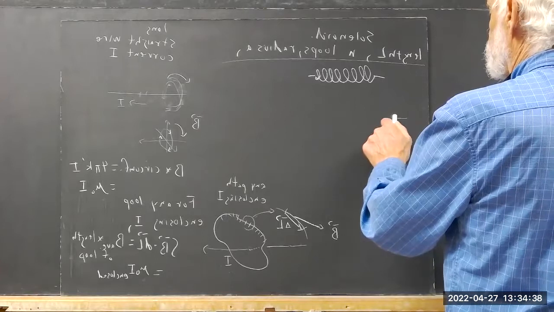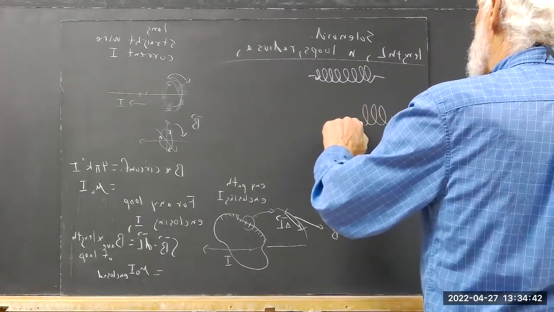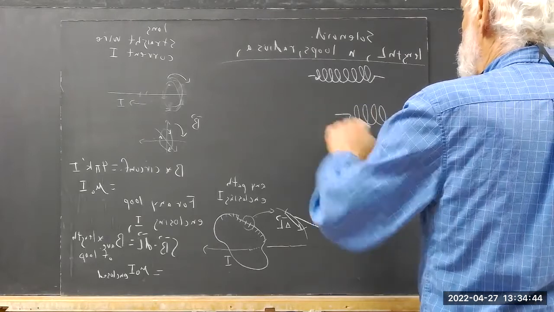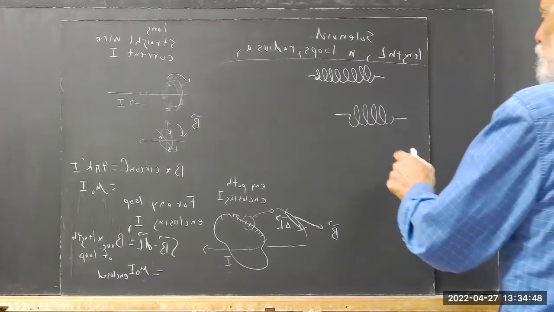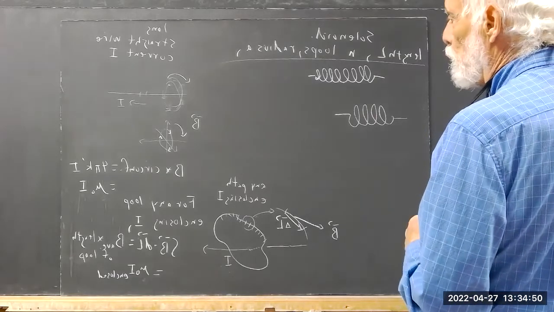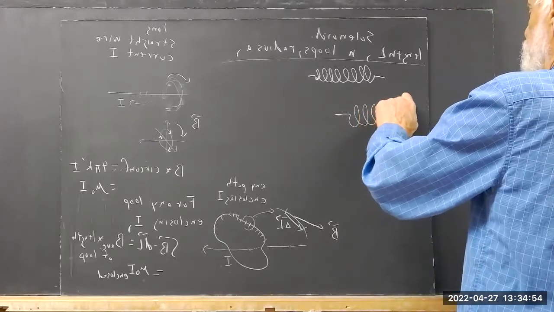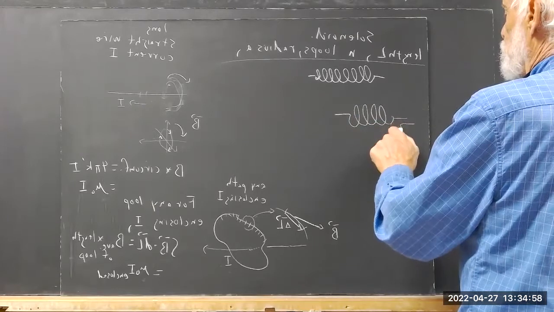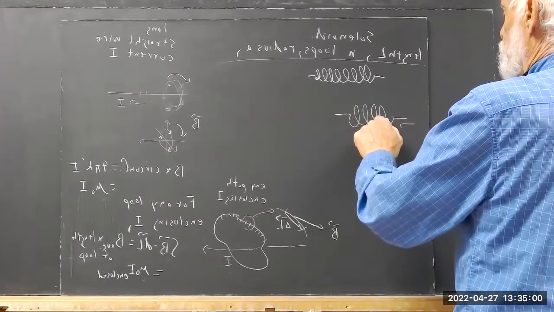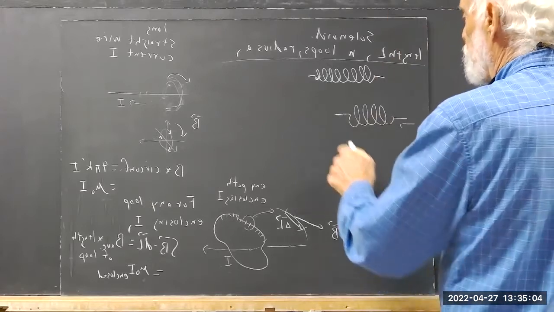Let's just take a picture. Short solenoid here. And let's say we've got the current flowing in. Current goes in here, and the way I've drawn it, current maybe goes around in this direction.